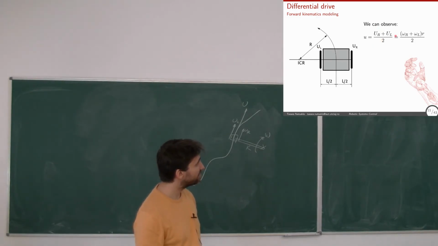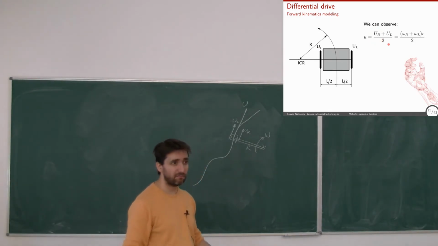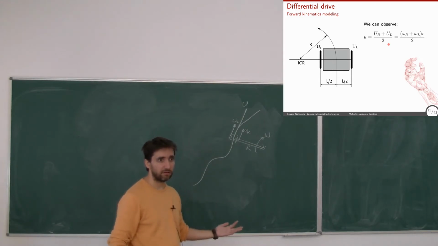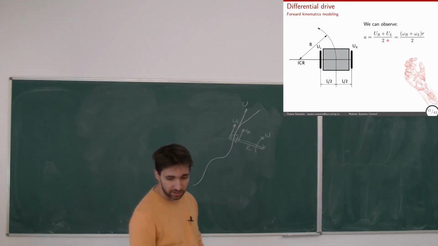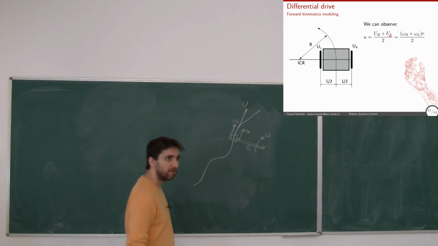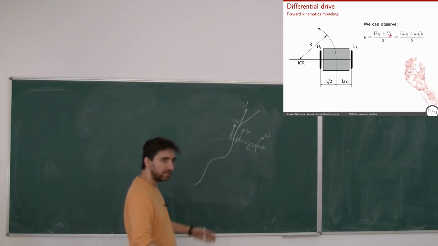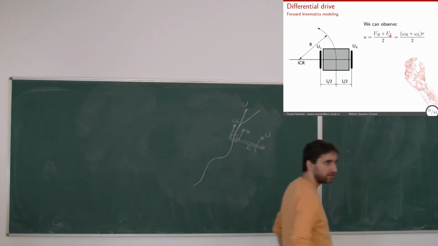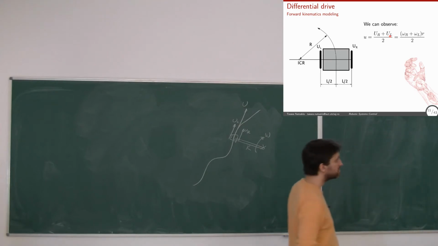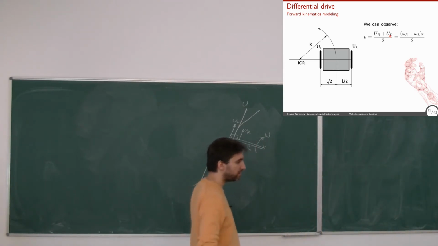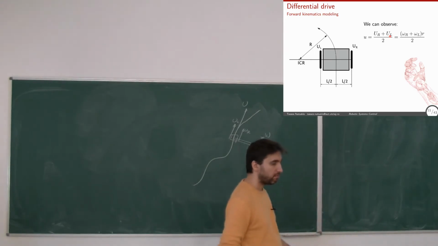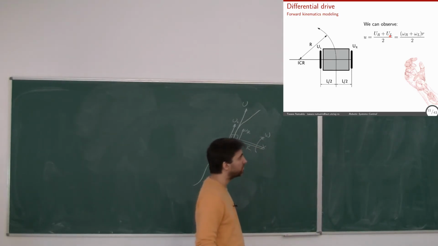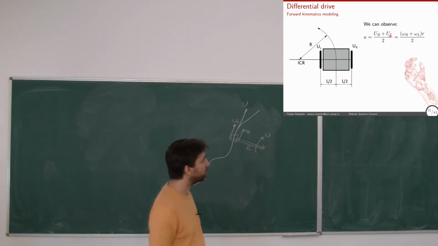What is this? This is the mean of the two velocities, right? If these two velocities are the same, say 1 and 1, it will be the velocity of the two wheels, right? The mean will be the same as the one. If they differ a bit, then the linear velocity will be the mean of it, right?